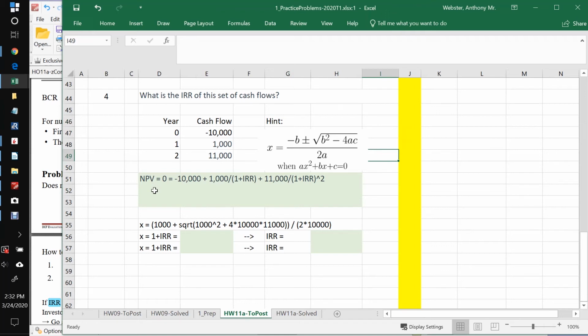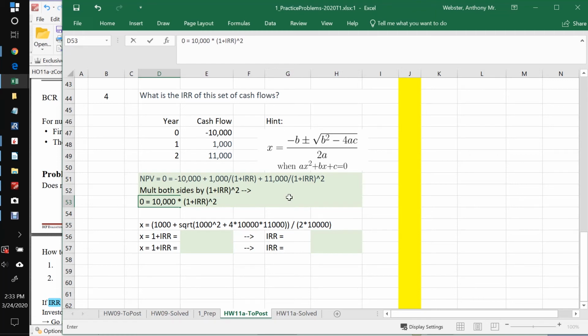So what I'm going to do is multiply both sides by 1 plus IRR squared, and that leads me to 0 is equal to, let's also change the sign, 10,000 times 1 plus IRR squared.